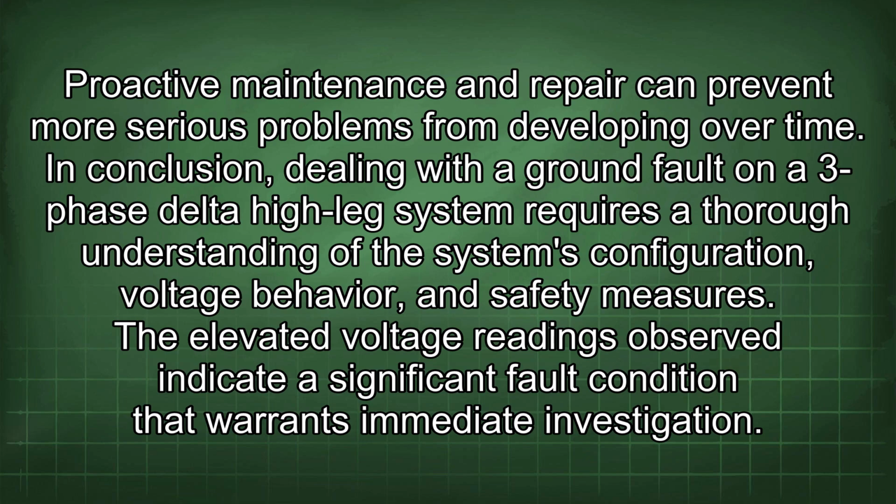In conclusion, dealing with a ground fault on a three-phase delta high leg system requires a thorough understanding of the system's configuration, voltage behavior, and safety measures. The elevated voltage readings observed indicate a significant fault condition that warrants immediate investigation.